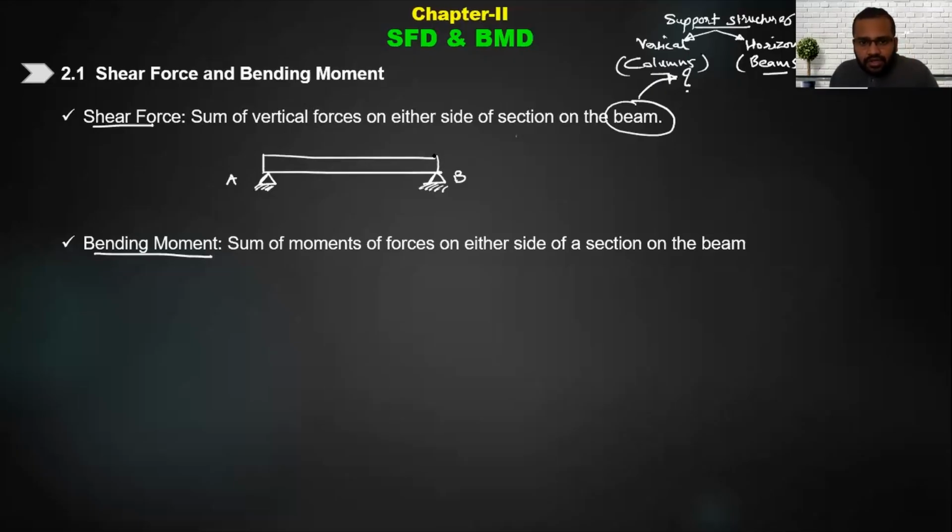As you can see, the cross section of the beam is somewhere here, right? If I draw it in 3 dimensions, it will be like this. This is the cross section. So all the vertical forces are going to create some shearing action on the cross section.